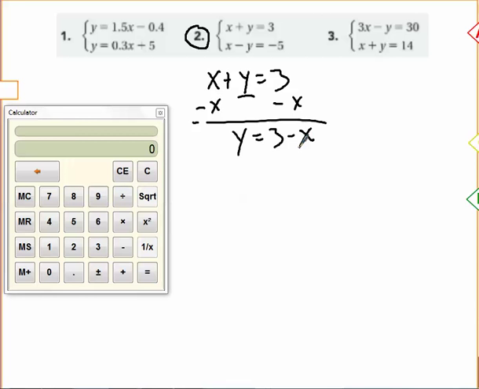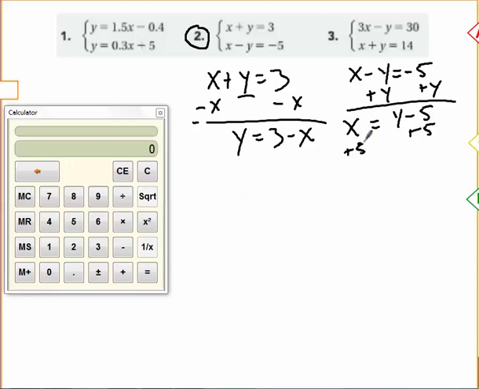For my other equation, I have x minus y is equal to negative 5. Let's add y, so I have a positive y here. So I get x is equal to y minus 5, so I add 5, and I get x plus 5 is equal to y. All right, so I know the y's are equal where the lines cross.